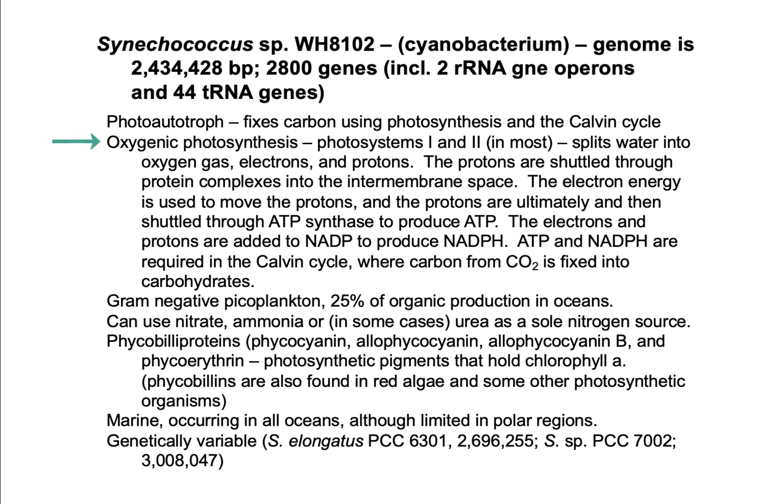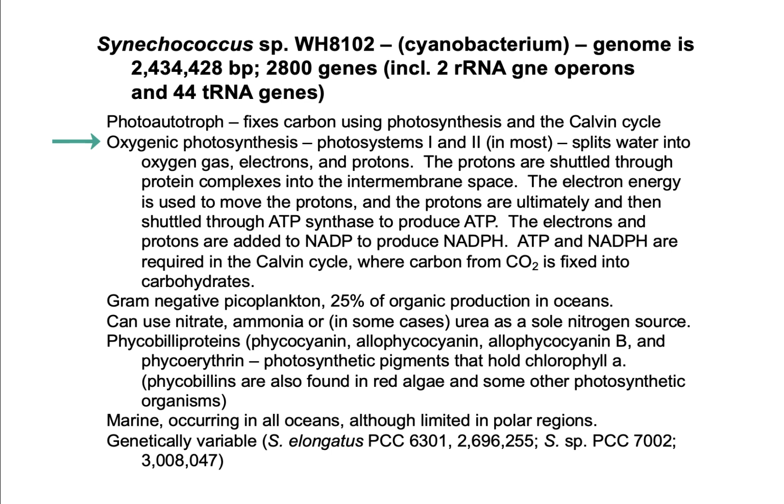Most cyanobacteria have oxygenic photosynthesis, that is, they split water into oxygen gas, electrons, and protons. There are a few that are missing one of the photosystems and are anoxygenic, but this one's oxygenic. The protons are then shuttled through protein complexes in the inner membrane.